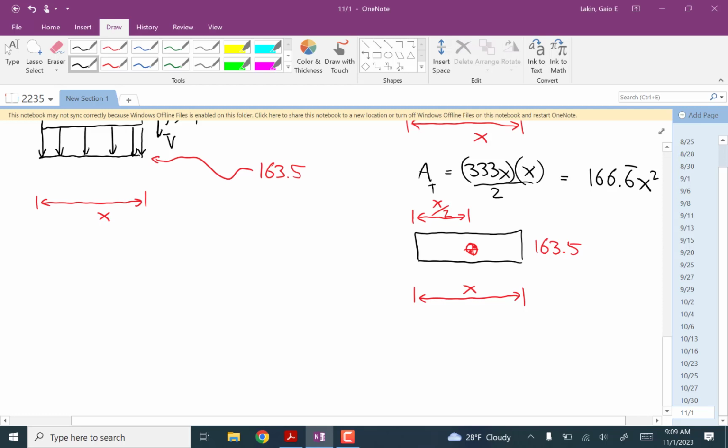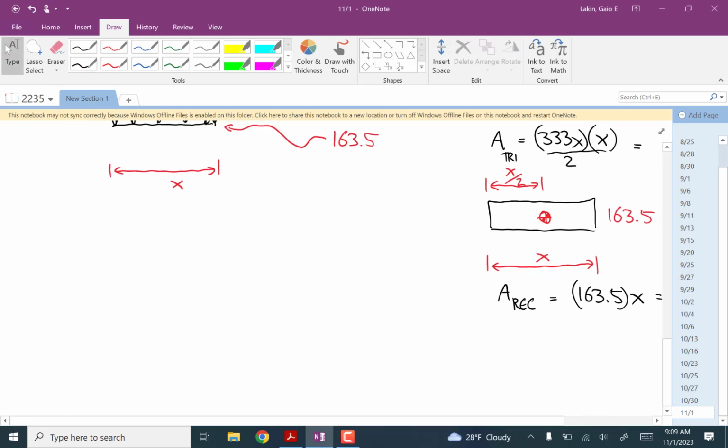So this is the area of the triangle. The area of the rectangle is 163.5 times x, 163.5x. So now we finally have everything we need to represent this stuff as point forces.